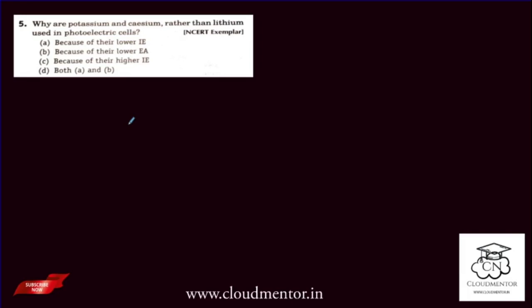So option A is the right answer, because of the lower ionization enthalpy. In photoelectric cells, the metal must have lower ionization enthalpy to donate or lose electrons.